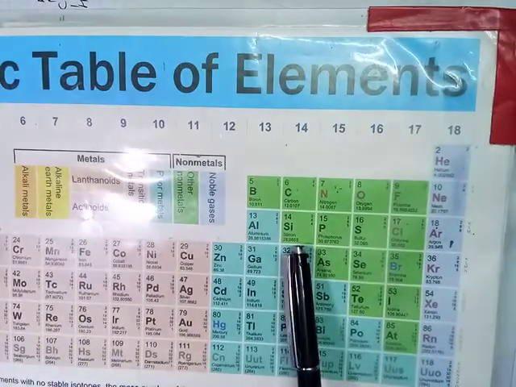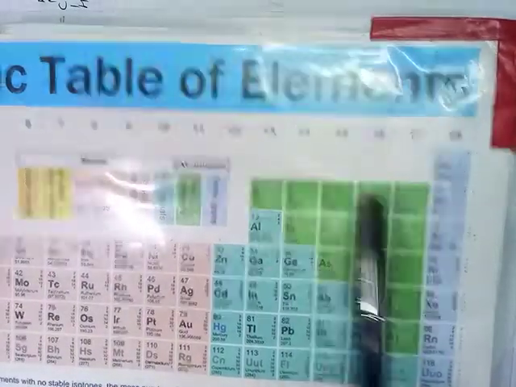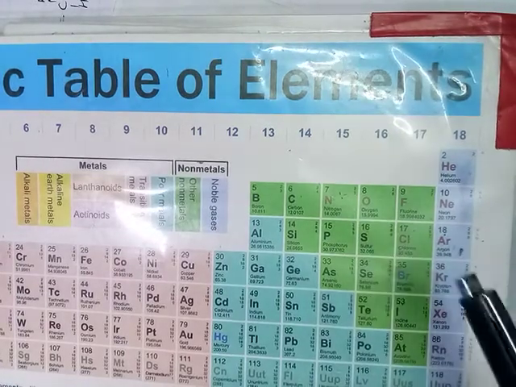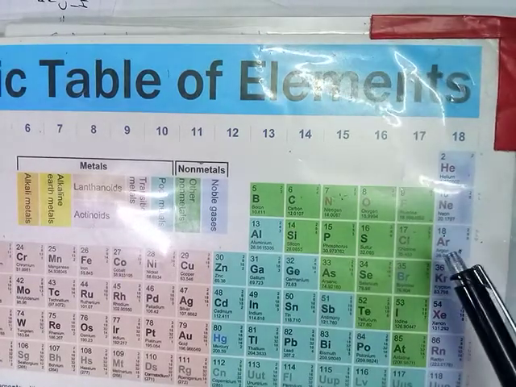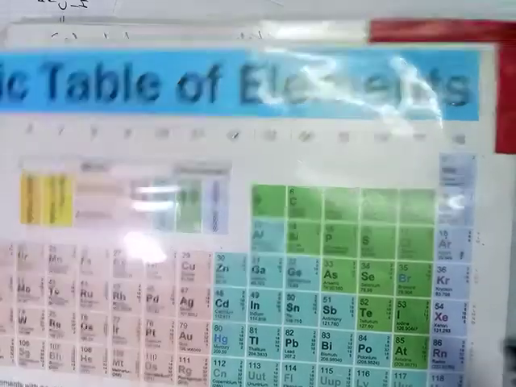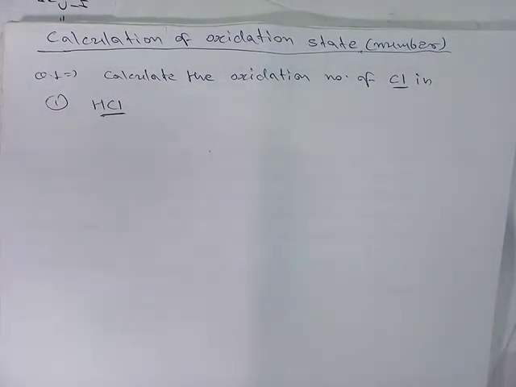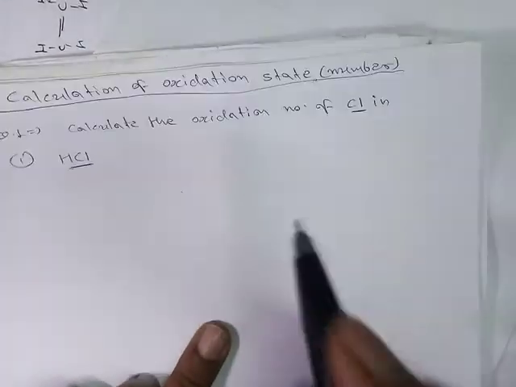But on the right side, the elements present in the p block are known as non-metals, and the size of atoms in the periodic table.